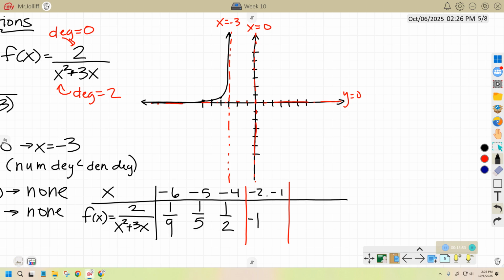And we repeat. 1 squared is 1. 1 times 3 is 3. 1 minus 3 is -2. 2 divided by -2 is -1. They are the same. They are down here.